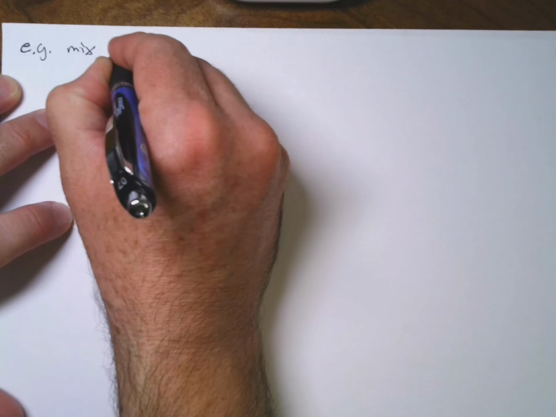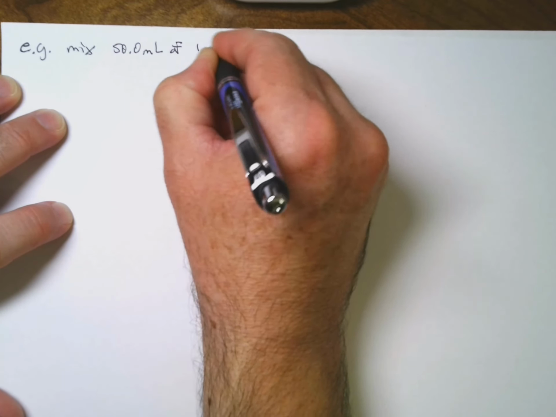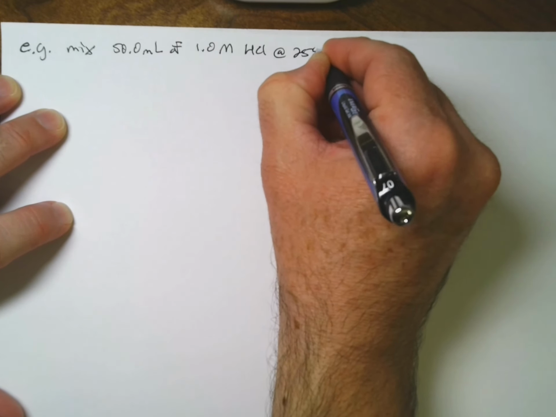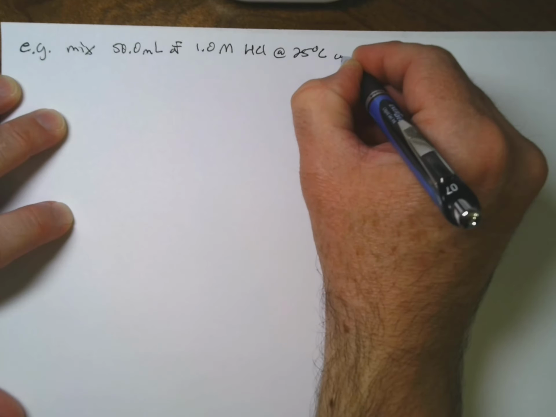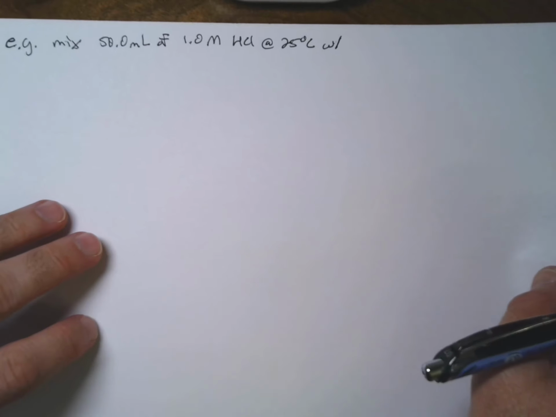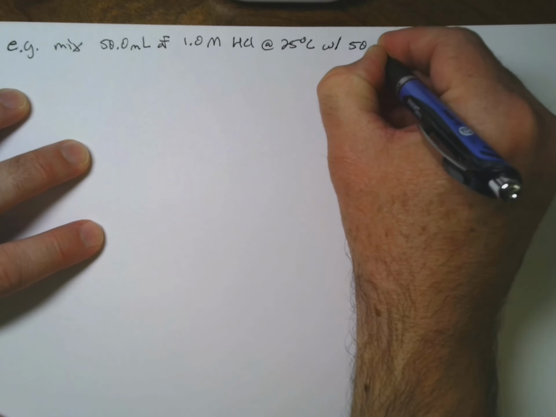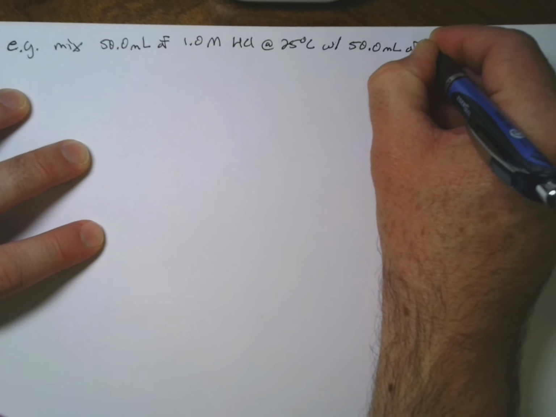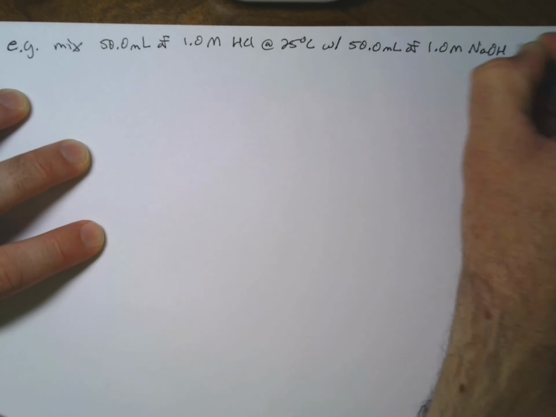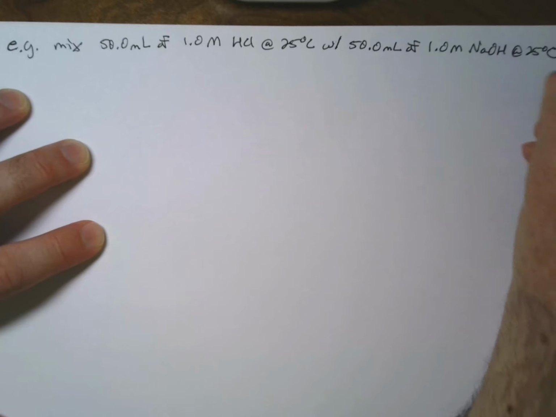We'll mix 50.0 ml of 1.0 molar HCl at 25 degrees Celsius with 50 ml of 1.0 molar NaOH at 25 degrees Celsius.